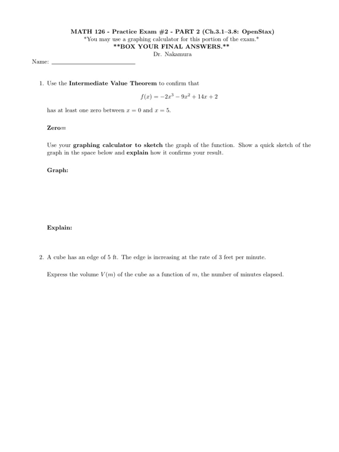Use the intermediate value theorem to confirm that f of x has at least one zero between x equals 0 and x equals 5. The intermediate value theorem states that if f of a and f of b have opposite signs, meaning one's positive, one's negative, then there must be at least one value c between a and b for which f of c equals 0.